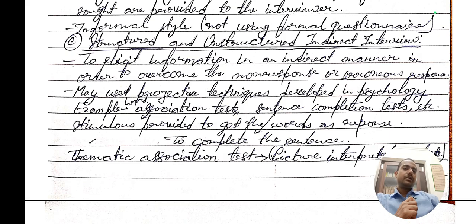Here the interviewer may use projective techniques developed in psychology, for example the association test and sentence completion test, where a stimulus is provided to get words as a response to complete the sentence, and the thematic association test.